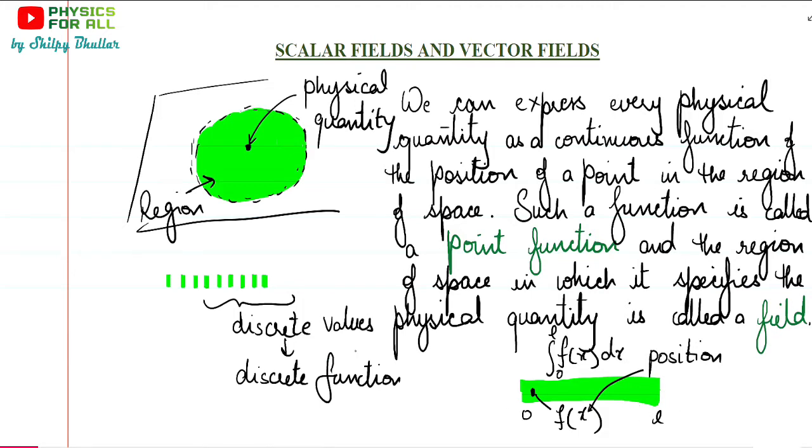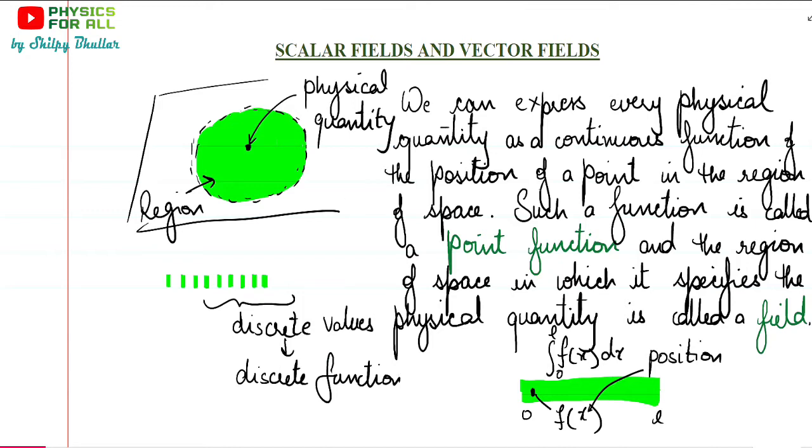This is the meaning. So we are not talking in terms of discrete values. When we talk about a region, when we talk about space, we can't divide it into segments. Suppose you have a ground and you have divided it into lots of segments. This is not possible. In that case, we just consider the whole region as such.